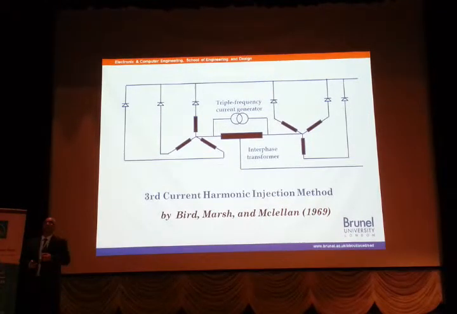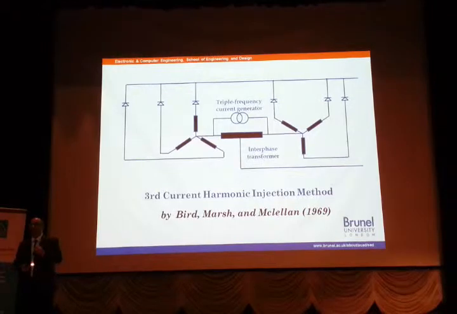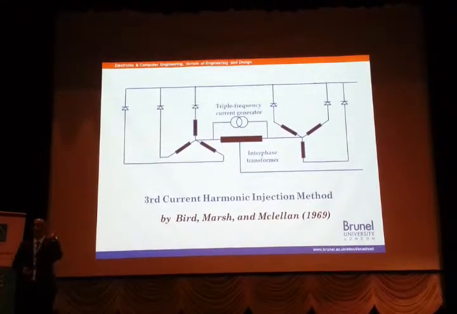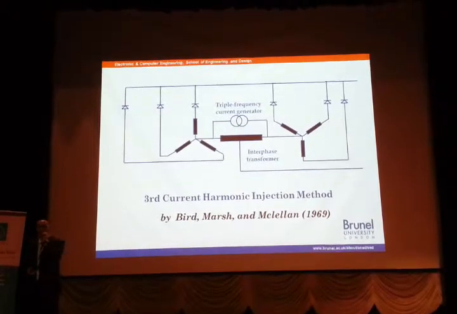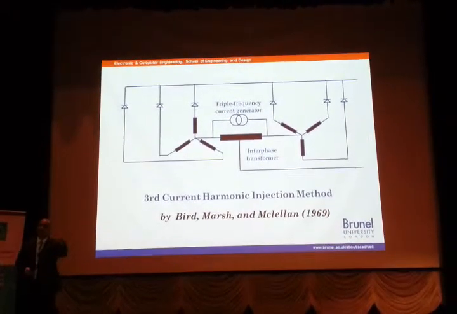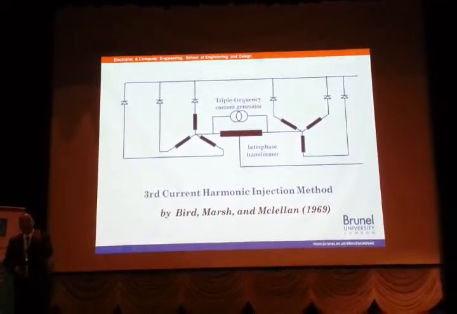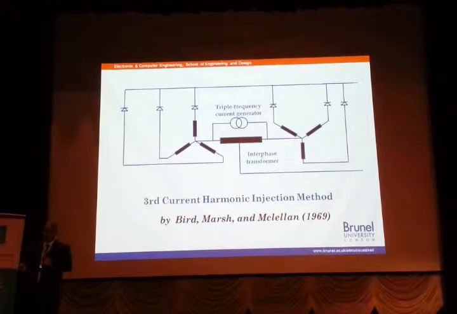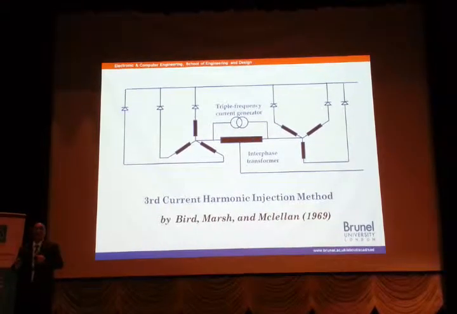In 1969, that was the beginning of the research of the active filter. Somebody might say that's a long time ago. It was. Remember, when we do research, the research can take a small place, and then 20 or 30 or 40 years later on, it starts to become mature. Now, the three authors established this idea in 1969.